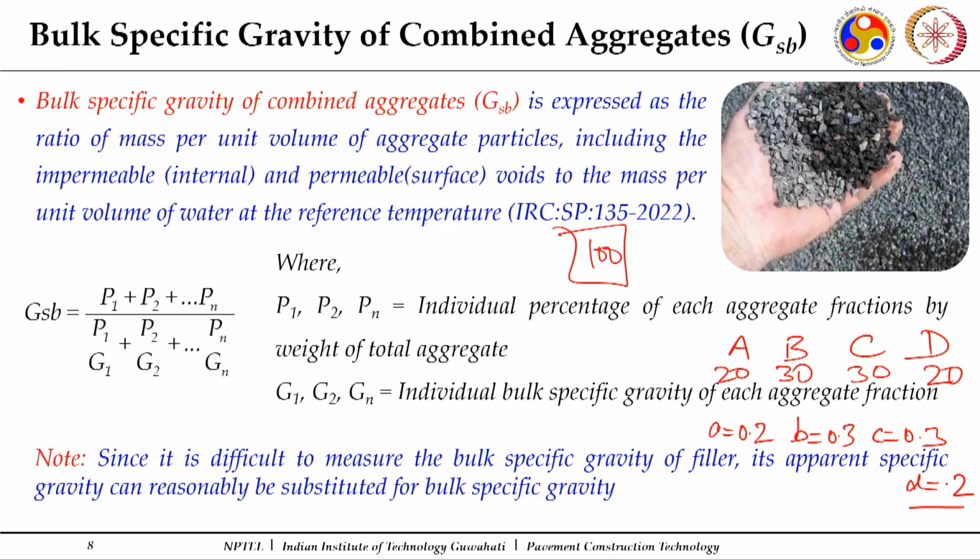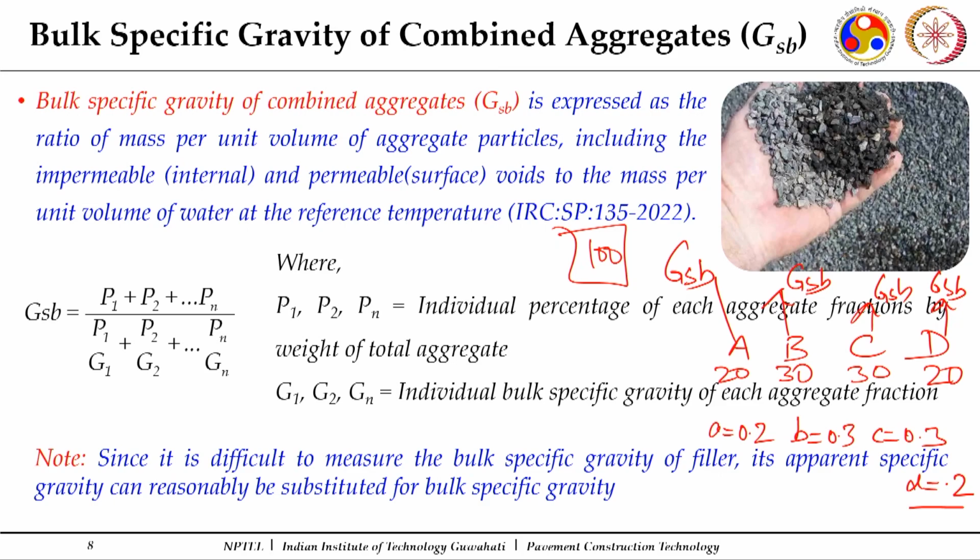Now, this combination I have to work out. I will work out the specific gravity of each aggregate stockpile. There are test procedures for this: as I mentioned, IS 2386 part 4 gives the test procedures for determining the specific gravity of aggregates of different sizes.